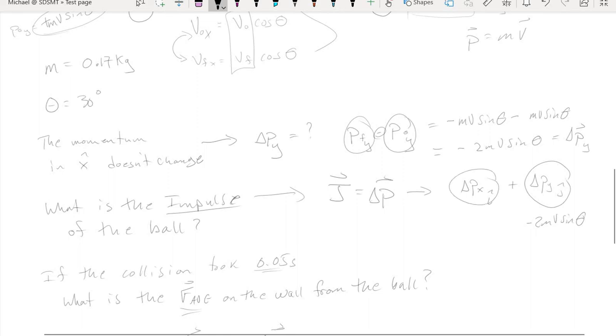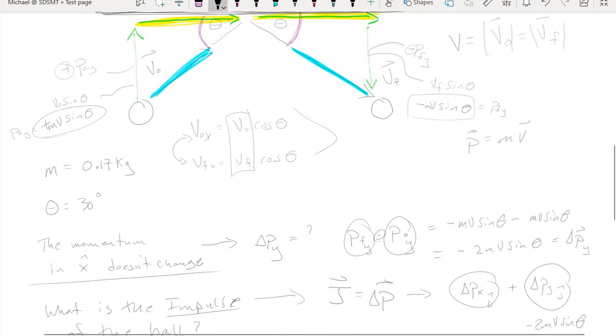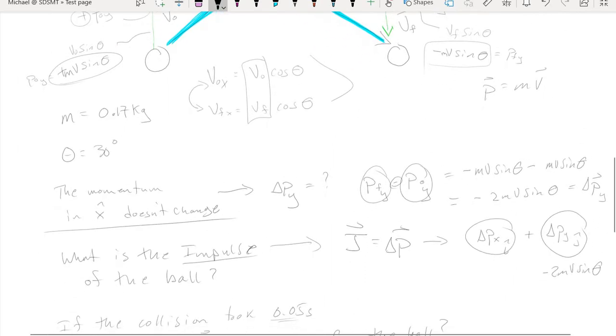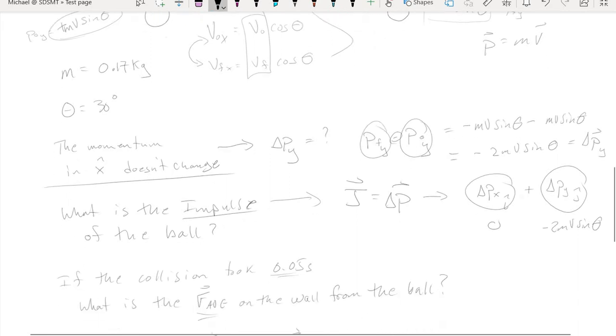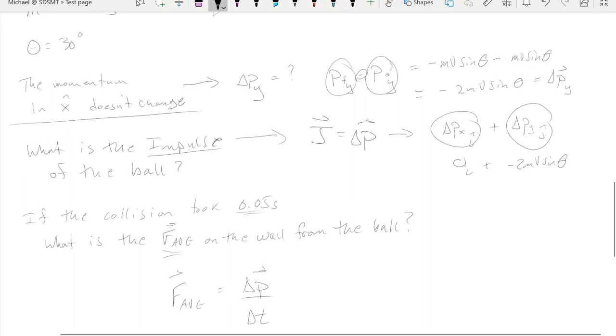What was the change in momentum for the x direction? Well, we already said, it doesn't change. So the change is 0. We have no change in momentum for the x direction.